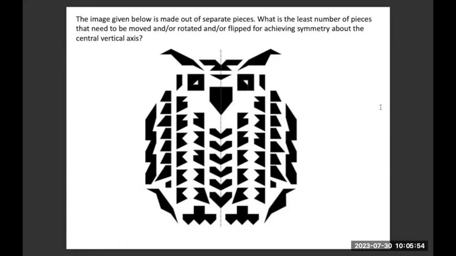Anshi, you're close to the answer, but it's a wrong answer. Rishabh, wrong answer. Palak, wrong answer. Kavya, wrong answer. Vishwa, wrong answer. Twisha, wrong answer. Vansh, wrong answer.